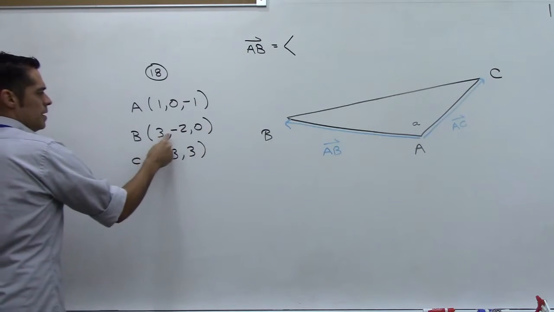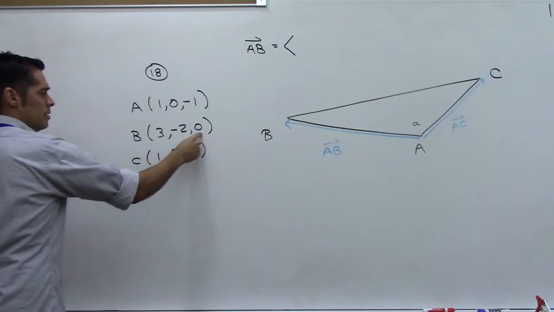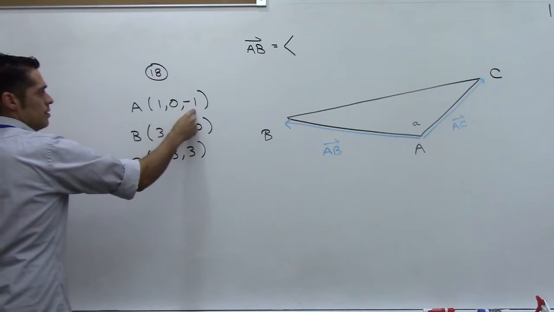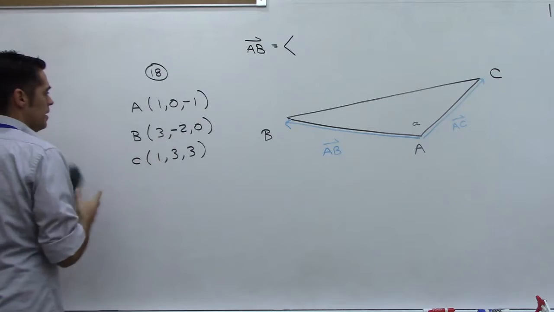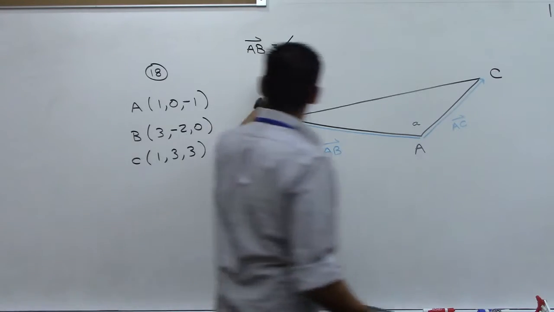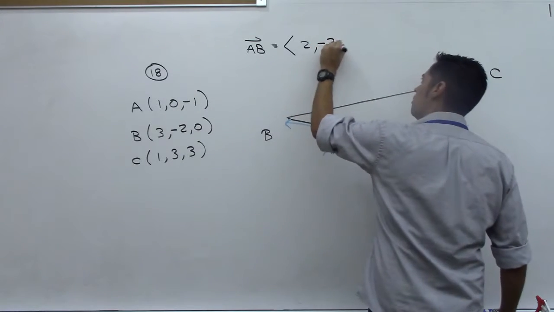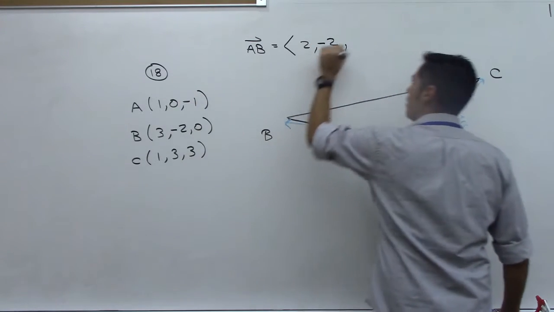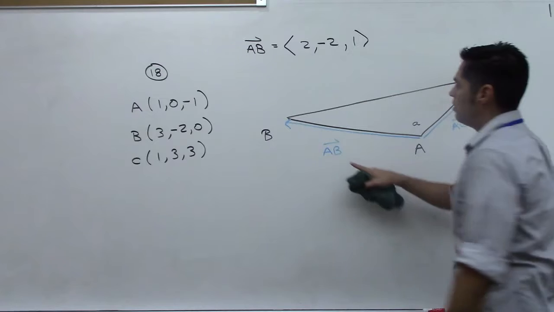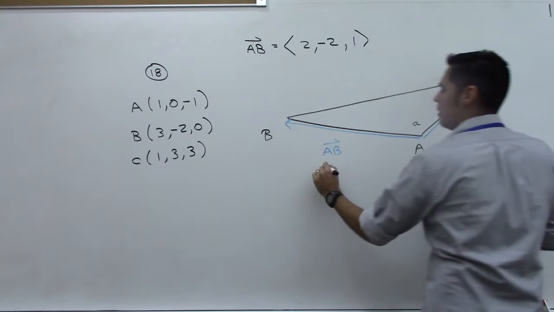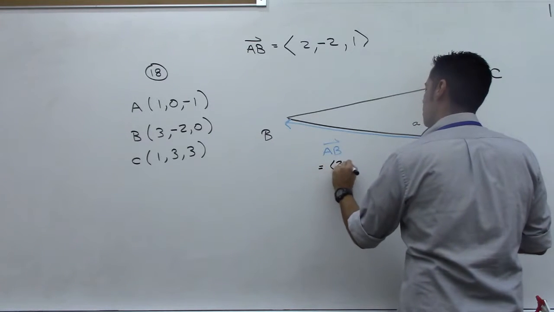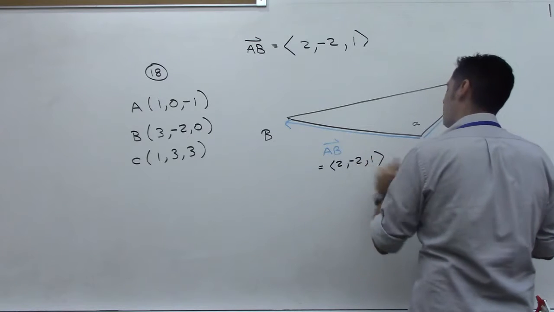I'm going to take all the B coordinates of the point and subtract all the A coordinates because I'm going from A to B. So 3 minus 1 is 2. That's a vector, 2. Negative 2 minus 0 is negative 2. And 0 minus negative 1 is 1. So this vector AB is the vector 2, negative 2, 1.